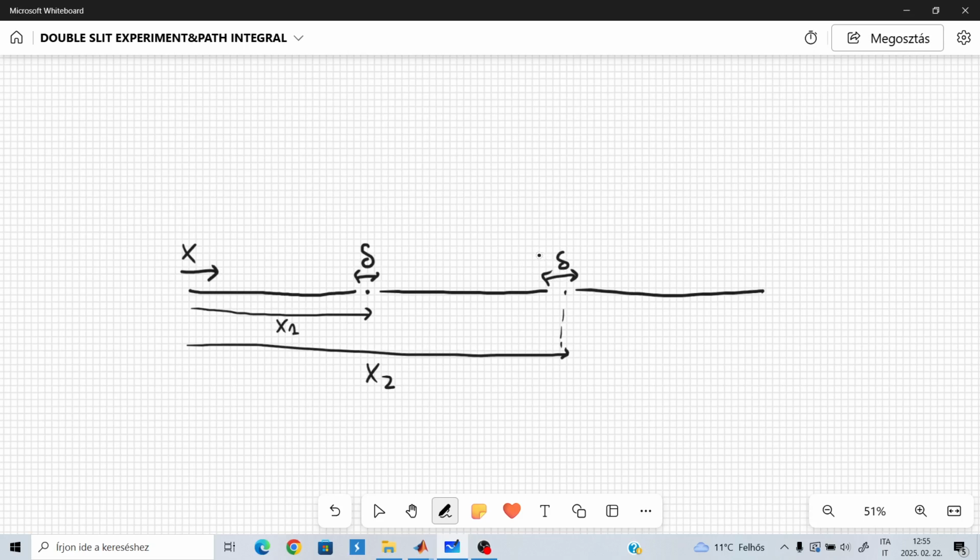And now what we need to do is think in terms of wave functions. We assume that we have a particle, and the particle is described by some wave function.